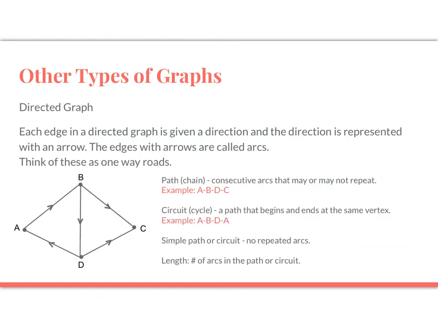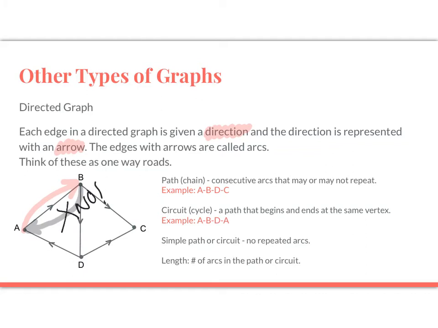Next type of graph is a directed graph. What a directed graph does is it's exactly like all the other graphs we saw, except now there are directions. The direction is represented by an arrow, and it means we can only go that way. So I can only go from A to B like this. I cannot go from B to A. This is not okay.